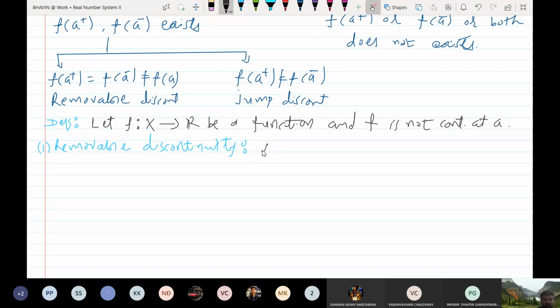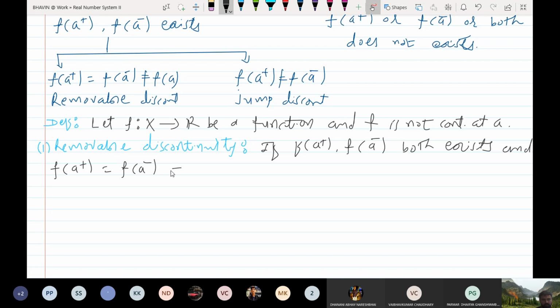If f of a plus and f of a minus both exist and f of a plus equal to f of a minus which is not equal to f of a, then f is said to have removable discontinuity here.